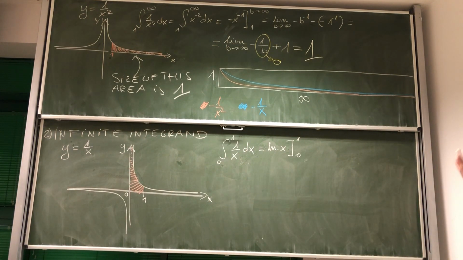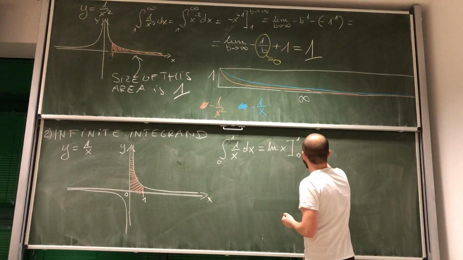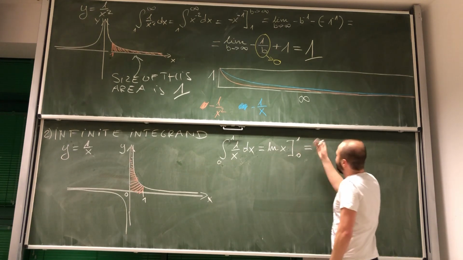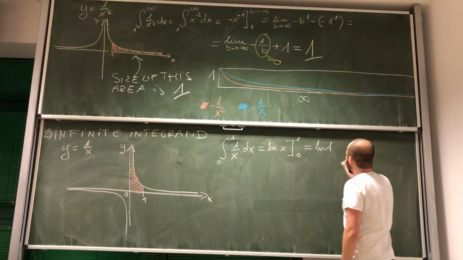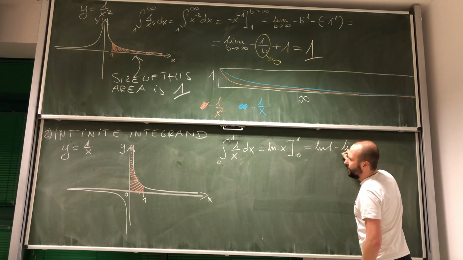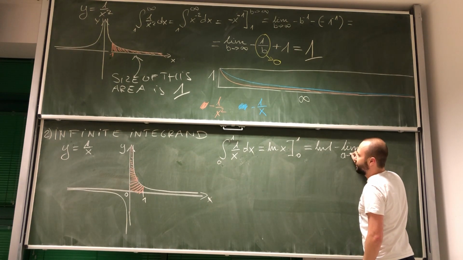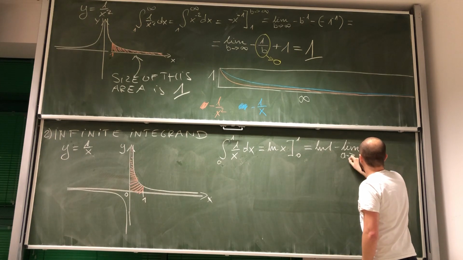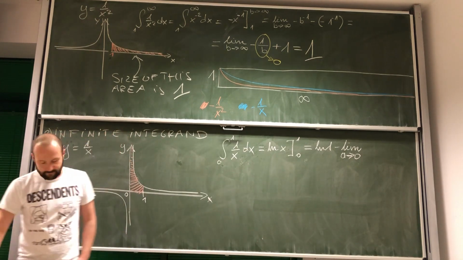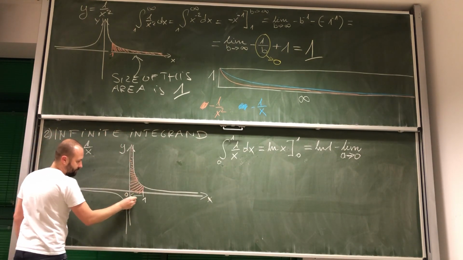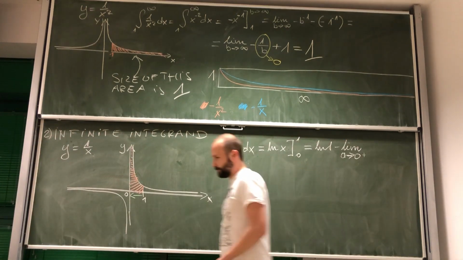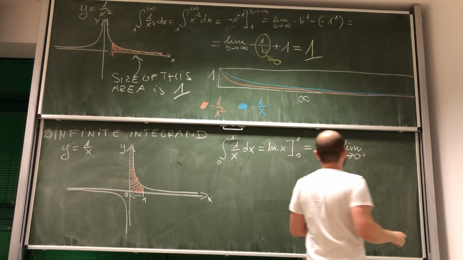So again, I need to resort to limits. So what am I doing over here? First, I can just substitute 1. But then, I need to subtract a limit with a approaching 0 from the right hand side of ln a.